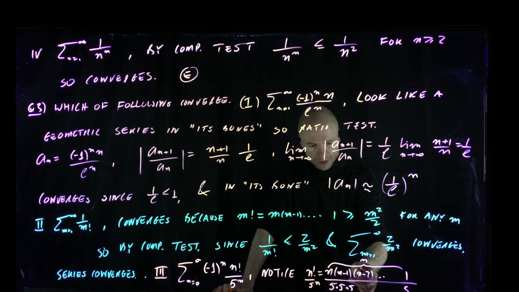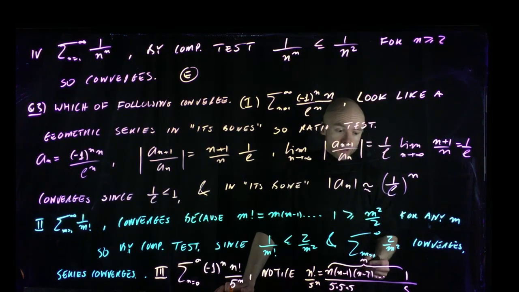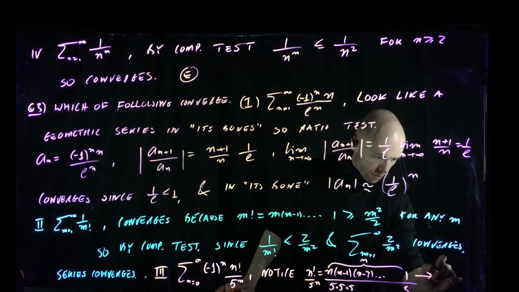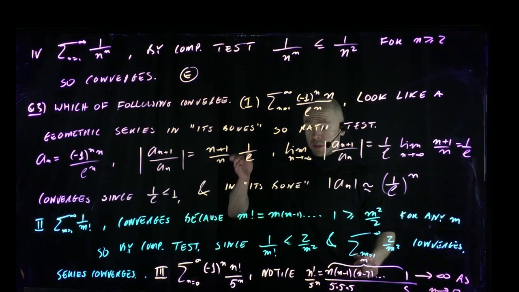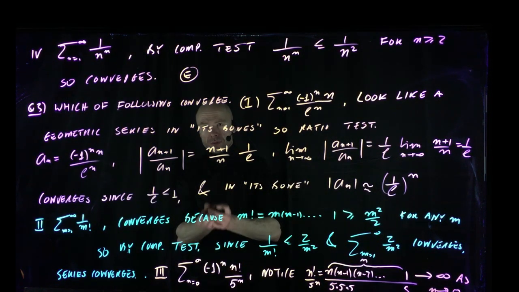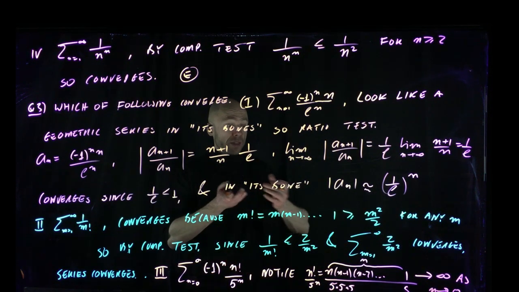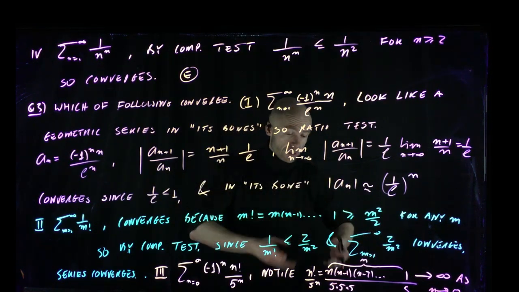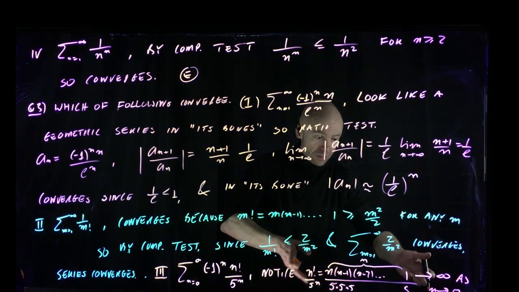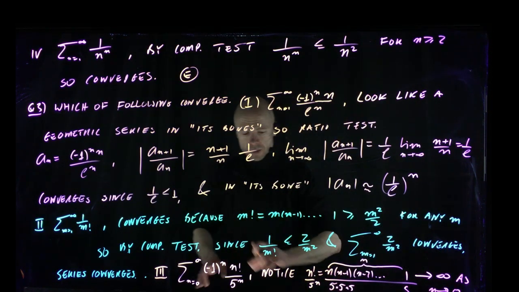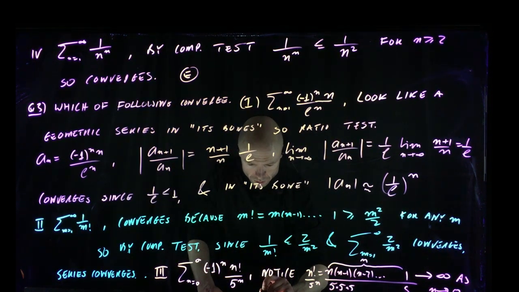But then all these guys are bigger and there's more and more of them. So actually this thing is going to infinity. And as we know, the only way a series converges is if the step size goes down to 0. So by the divergence test, which is exactly what I just said, since this guy is actually not going to 0, it's even going to infinity, it can't possibly converge, so it does not converge.